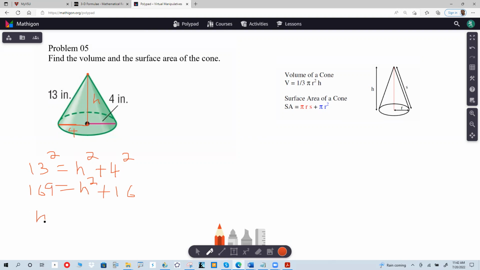To isolate h square, you're going to subtract 16 from 169. Let's see what we get. 169 minus 16, 153. Okay, that sounds about right.